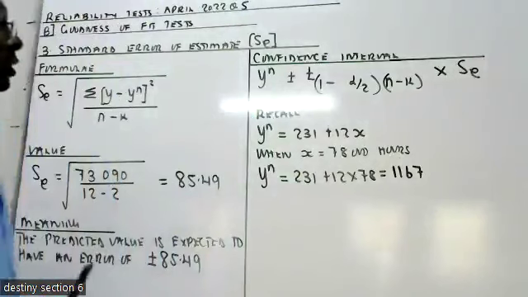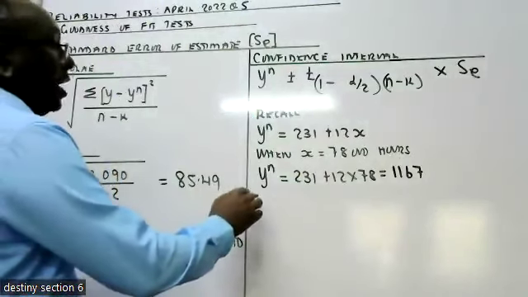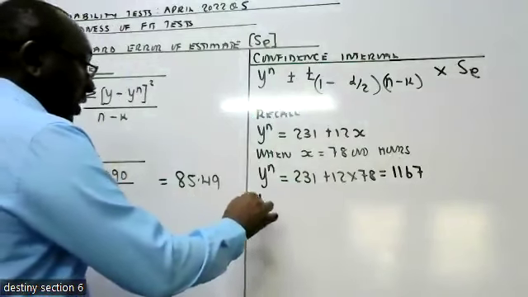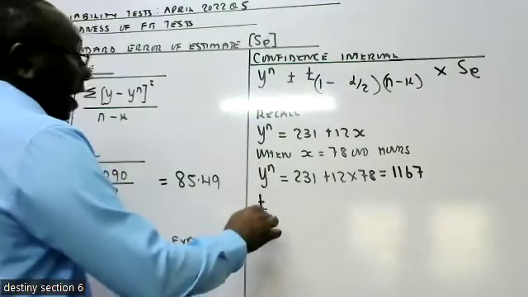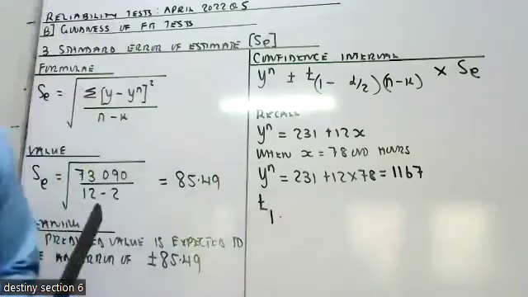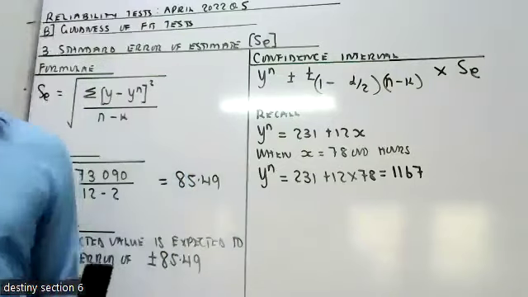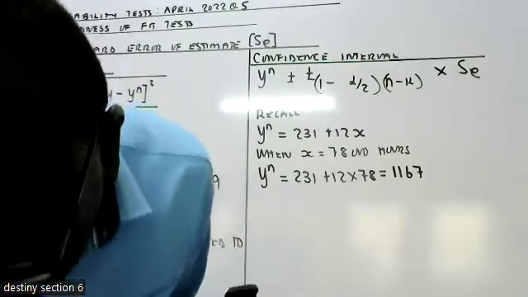1167. So with that, we then come here and say t at 1 minus... Before we say t, we are already told we test at what?